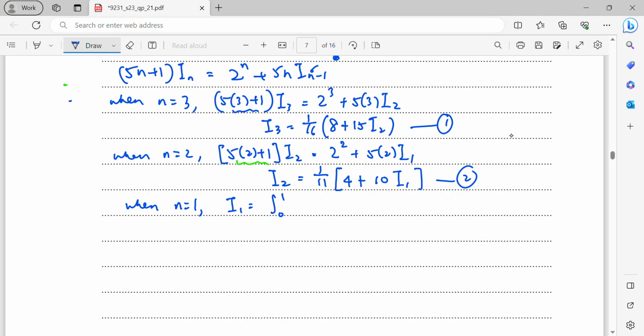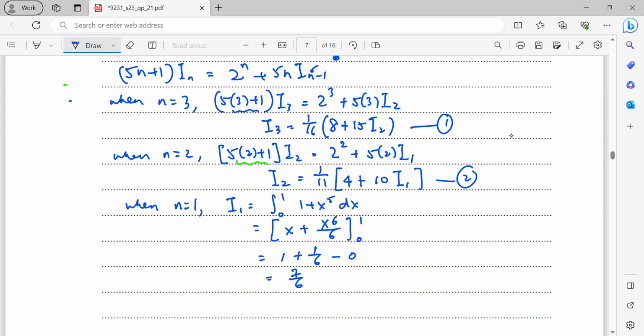The integral from 0 to 1 of (1 plus x)^5 dx. When you integrate this, it's going to be x plus x^6 over 6, limits from 0 to 1, and then you replace the x by 1 and 0. When I replace by 1, it will be 1 plus 1 over 6, minus, when replaced by 0, everything is 0. Therefore, my I1 is 7 over 6.